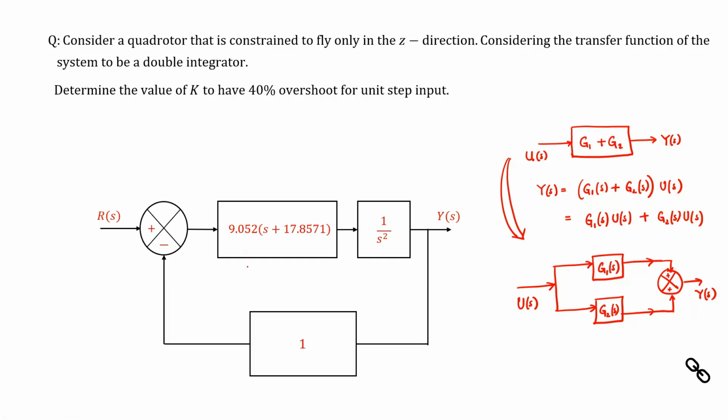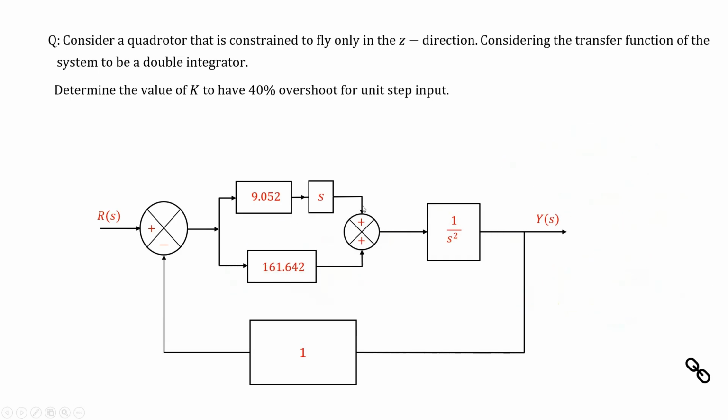The same thing we can do here. I can open up this bracket and write it down as 9.052s plus 9.052 multiplied by 17.8571. Here this part I can consider as G1 and this part I can consider as G2, and in that way I can redraw the block diagram in this way.